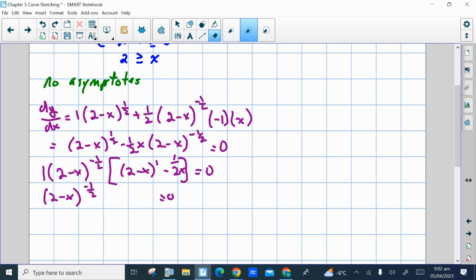So that second factor will become 2 minus 3/2 x. Because negative 1x take away half x is negative 3/2 x.